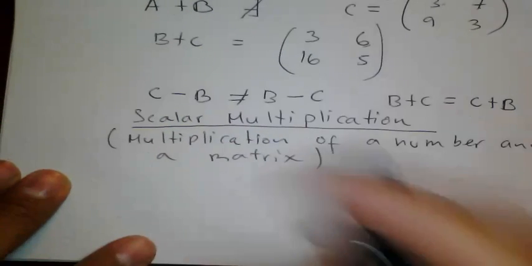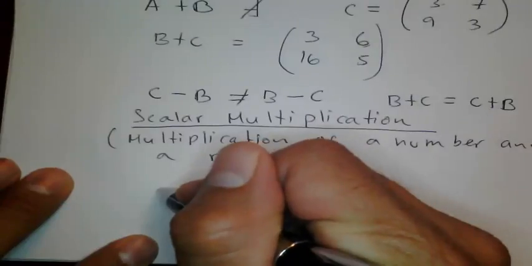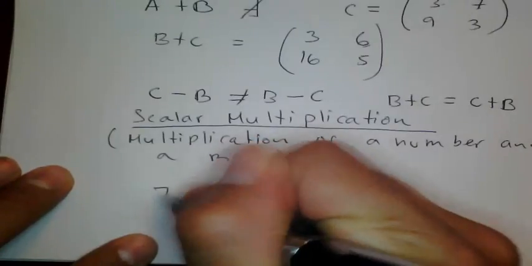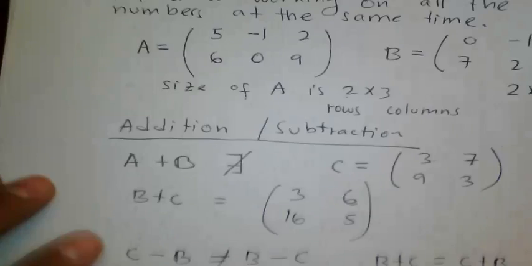For example, let's say that I want to do 7 times matrix A, which is the one that we have here.